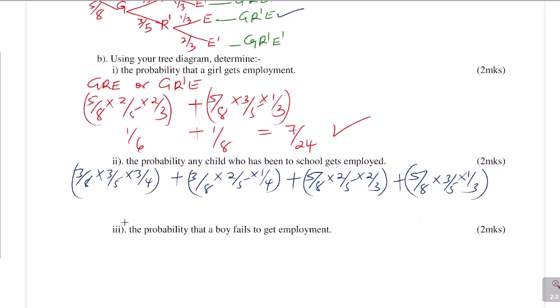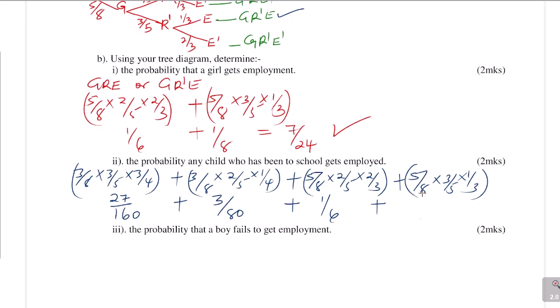So work out these, 3/8 times 3/5 times 3/4, using a calculator and simplify. This will give 27 divided by 160. Then the other one is 3/8 times 2/5 times 1/4. These are going to give 3/80. Then the other one, 5/8 times 2/5 times 2/3, is 1/6.